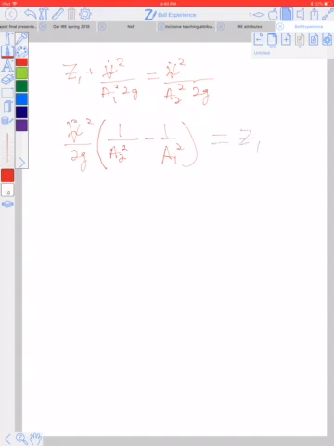equals Z1. So basically what I did is I moved this to the other side of the equation and then simplified it out.